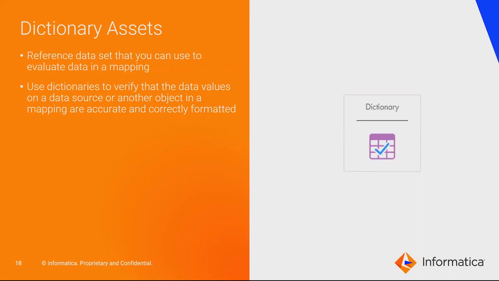So when you have the data sets and you want to evaluate against some different data, this is the custom-built reference dictionary that you can create in the UI portal. You can collaborate with business users or business analysts to create these dictionaries. Basically, you can use dictionaries to verify the data values on a data source or another object in a mapping.